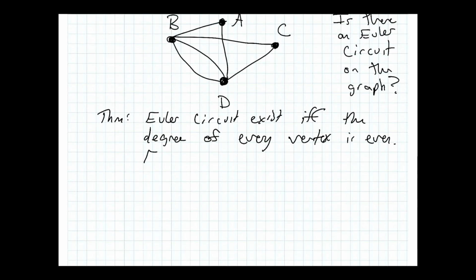And an Euler path exists if and only if, well, not if and only if, exactly two vertices have odd degree.